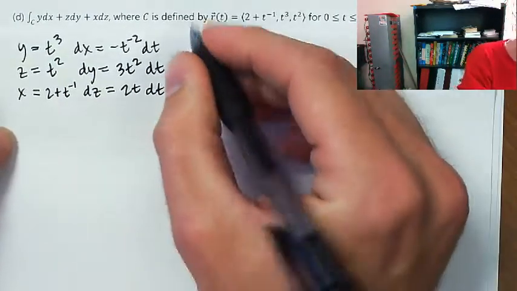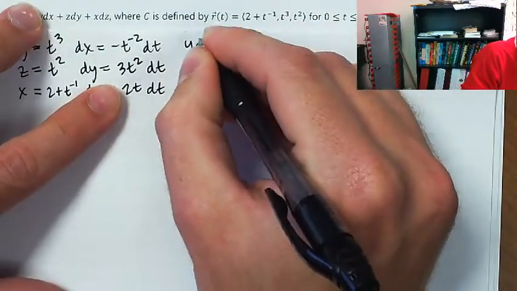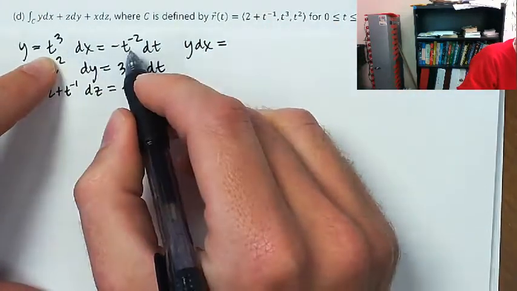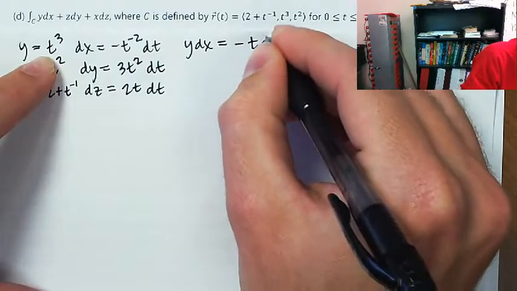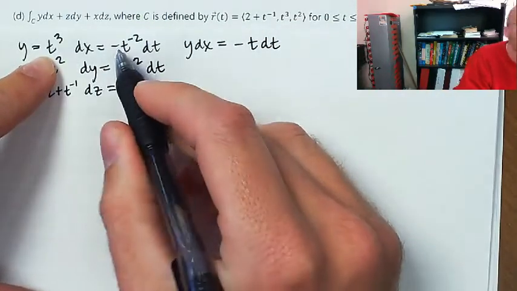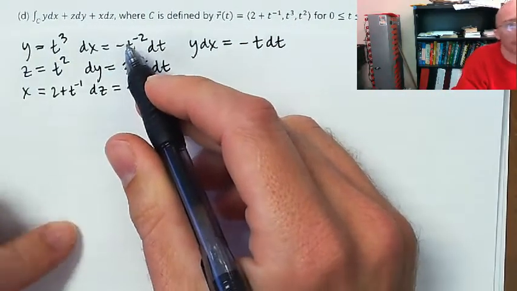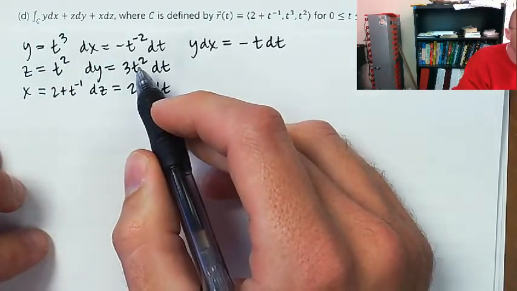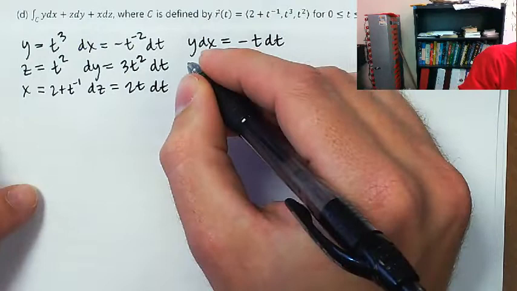Okay, so I might put these together real quick. y dx is going to be negative t dt, right, because t to the 3 times t to the negative 2 is going to be net 1 power of t. All right, t squared times 3t squared is going to be 3t to the 4.